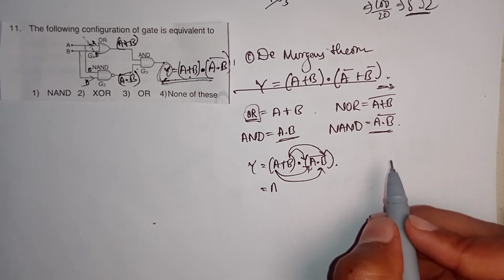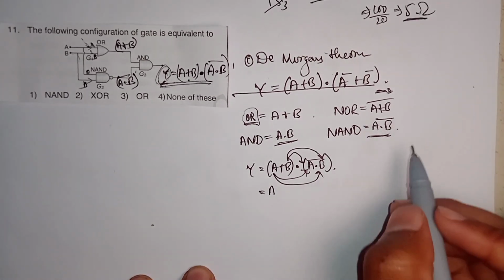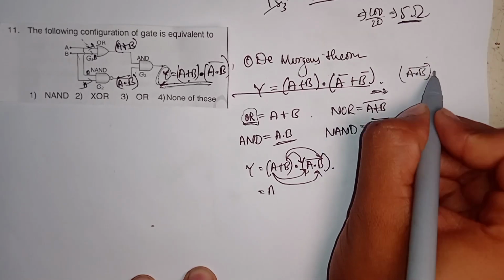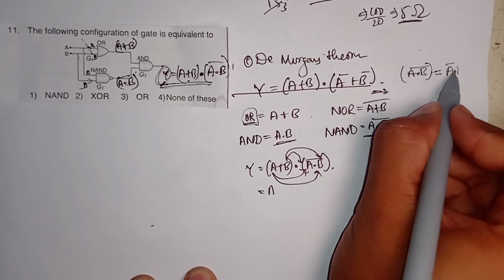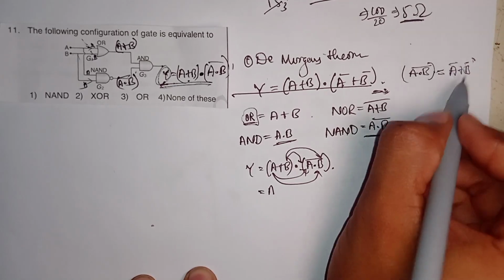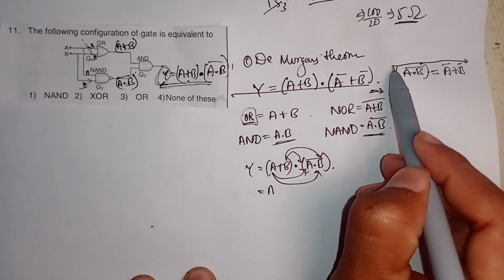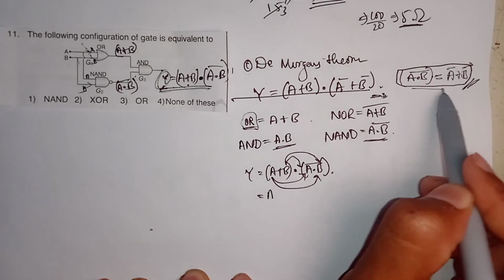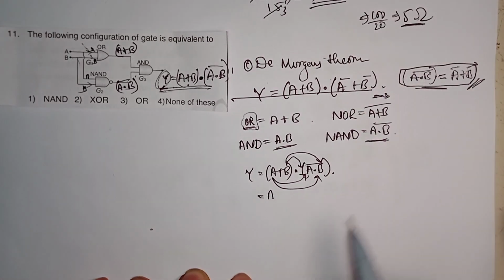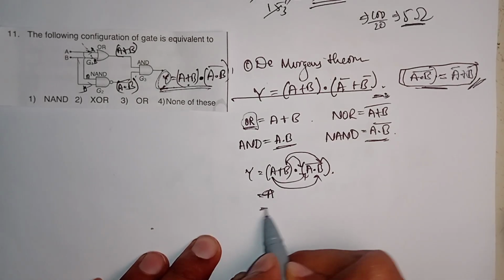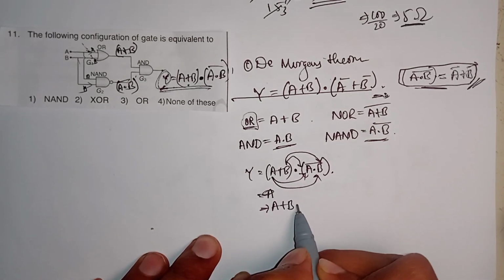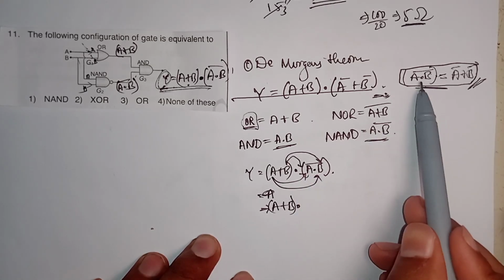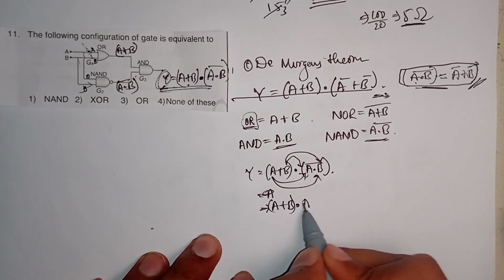From De Morgan's theorem, (A dot B) whole bar is equal to A bar plus B bar.